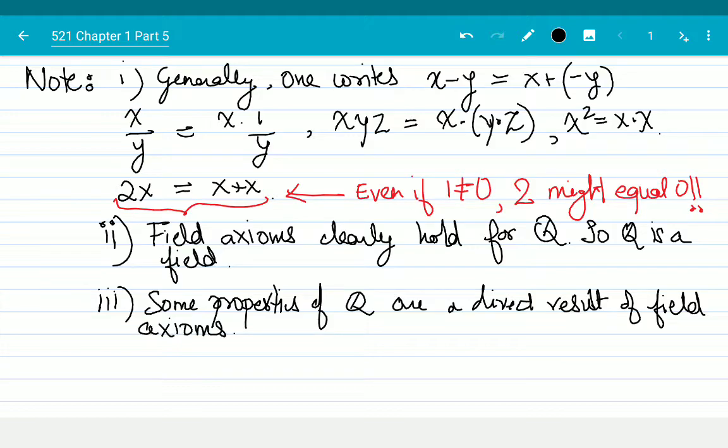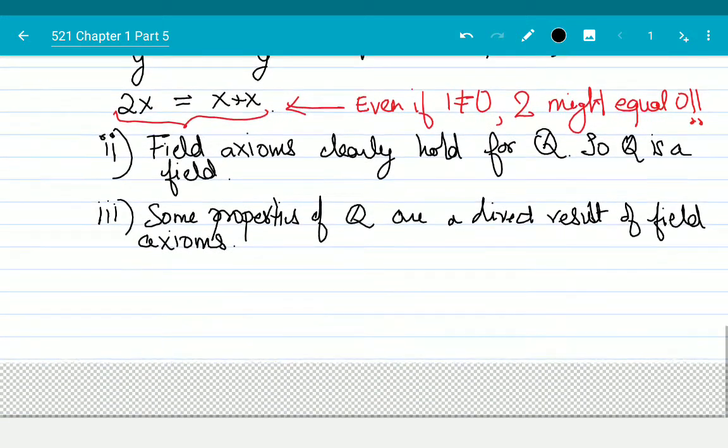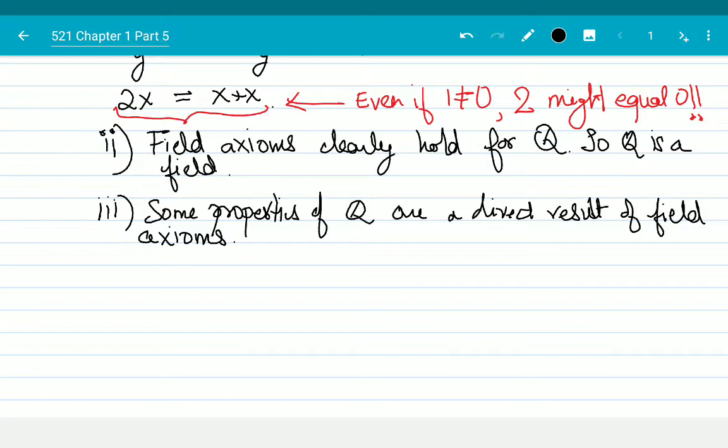By proving them now, we won't have to prove them again for real numbers and complex numbers when we do them.